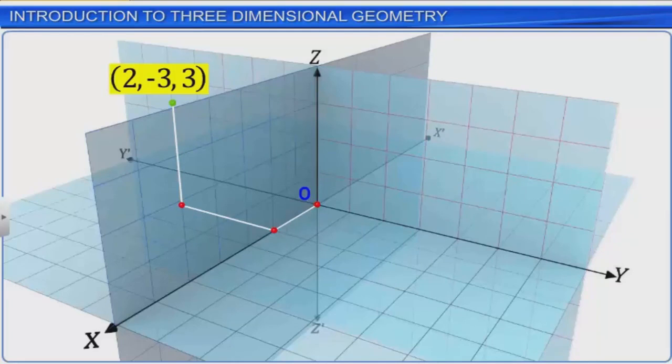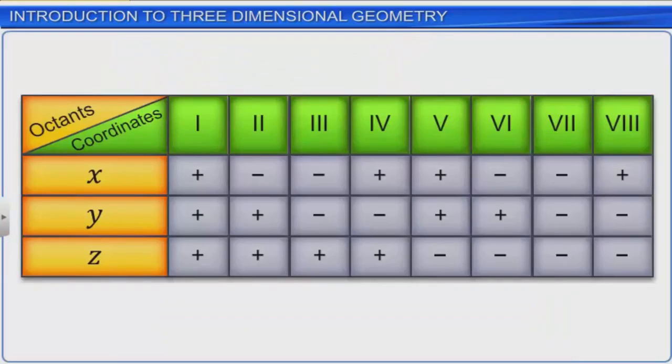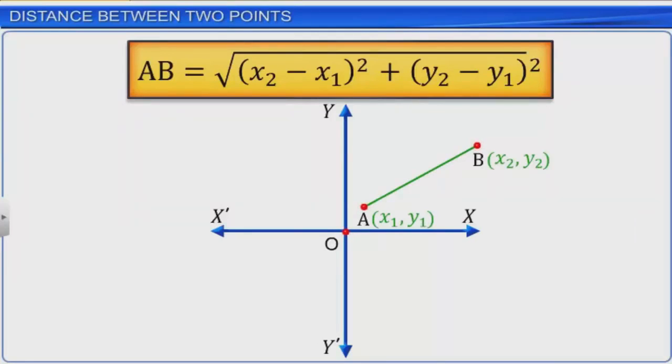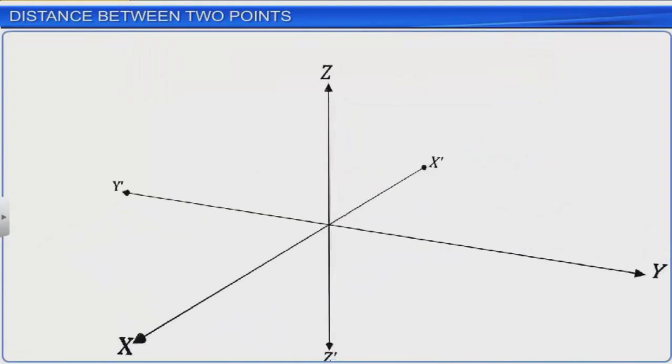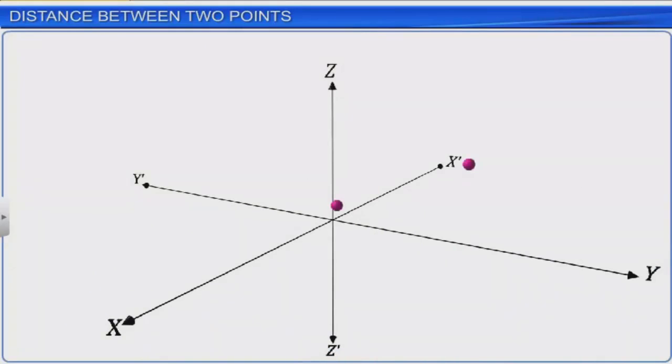The table shown here gives the details of the octant according to the signs of the coordinates of a given point. The distance between 2 points A and B in a two-dimensional coordinate system is as shown. In this module, we will explore how to calculate the distance between 2 points in space.